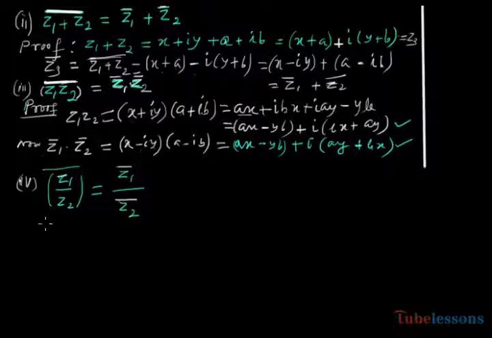Now the conjugate of the quotient Z1 by Z2 equals Z1 bar by Z2 bar, provided Z2 is not equal to 0.